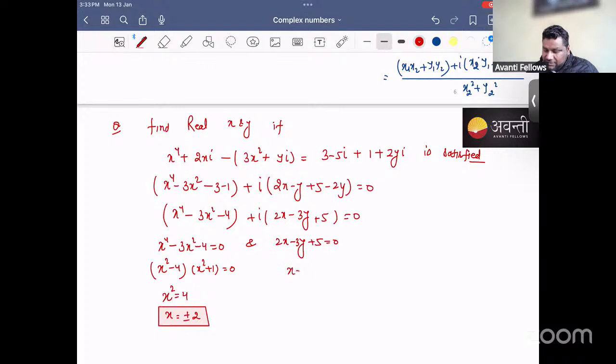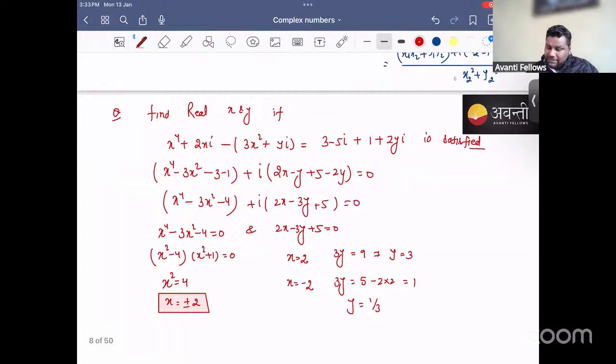So if x is 2, then 3y is equal to 5 plus 4, that is 9. That means y is 3. And if x is minus 2, 3y equals 5 minus 2 into 2, that is 1. So in that case, y is 1 by 3.